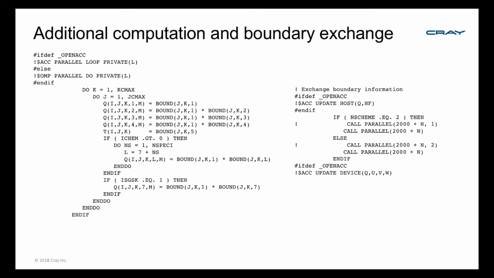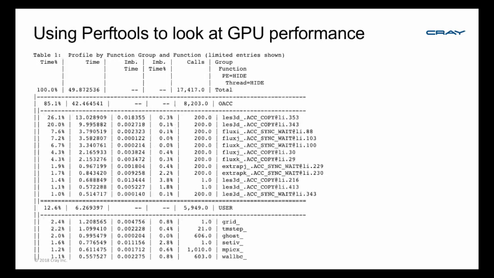You have to go into parallel and see what arrays it's working on. So there is work to do there that is introduced because I put that data region so high up the call chain.